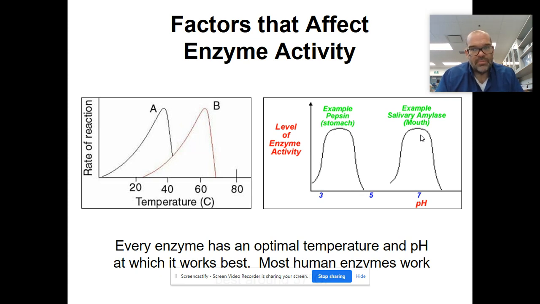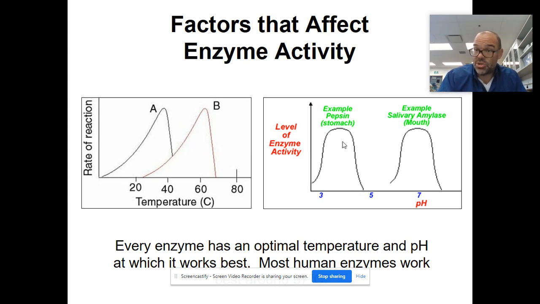Don't be offended by that. You're slightly alkaline. You have a pH of slightly above 7, okay? You're not basic, okay? I'm not basic. We're slightly alkaline. So most of the enzymes in our body work optimally at a pH of around 7, okay?